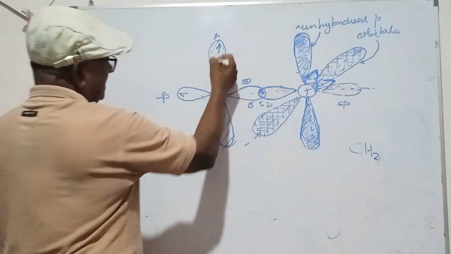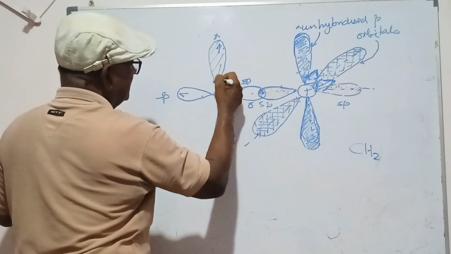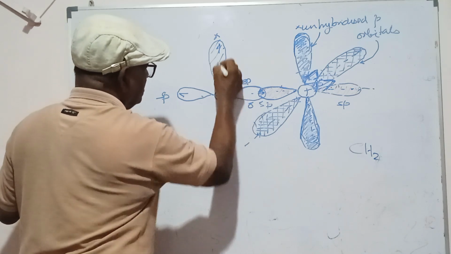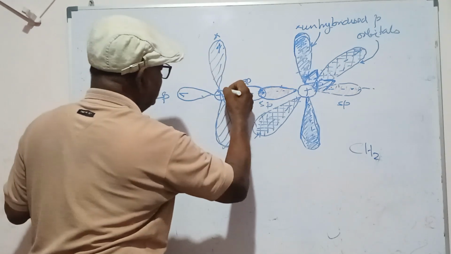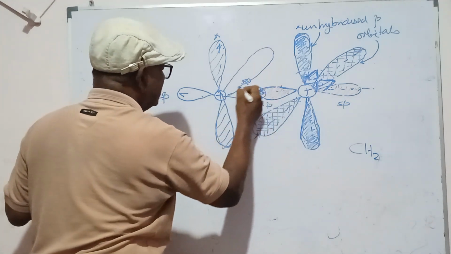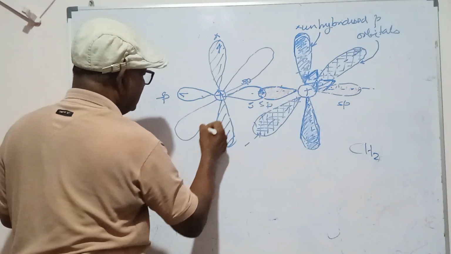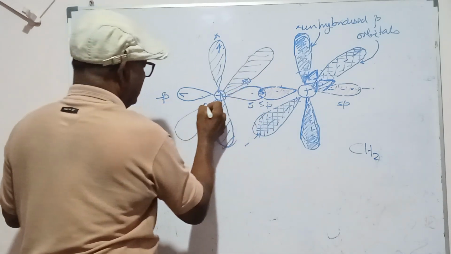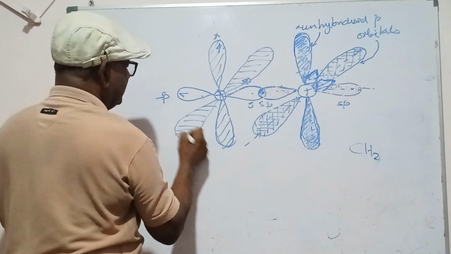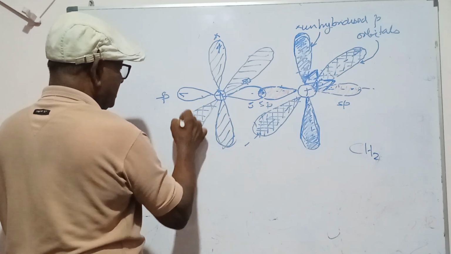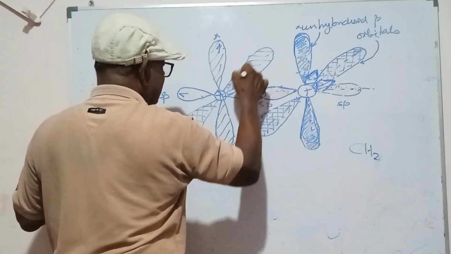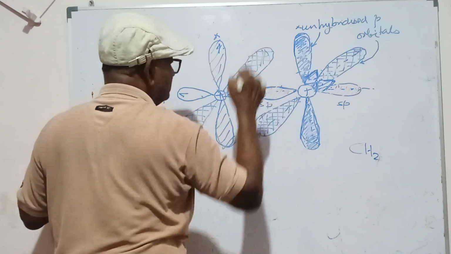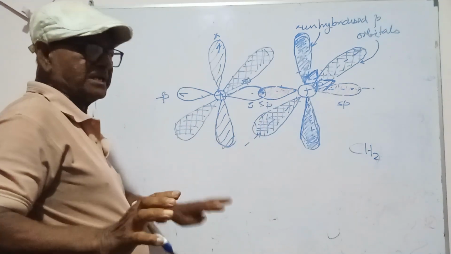Similarly, the other orbital is perpendicular to this vertical plane. This is the other unhybridized orbital. Right? I think if I draw like this, you can understand very clearly, because you must know how to draw the molecule.